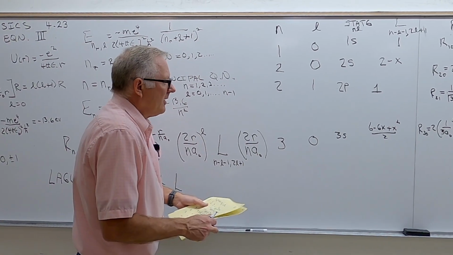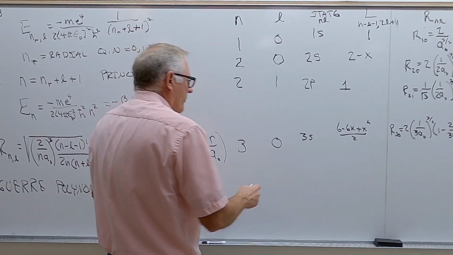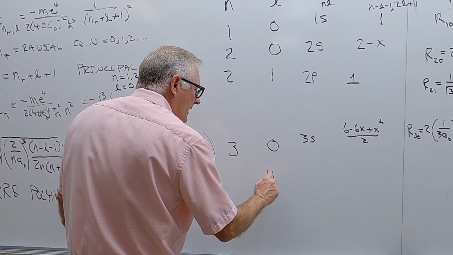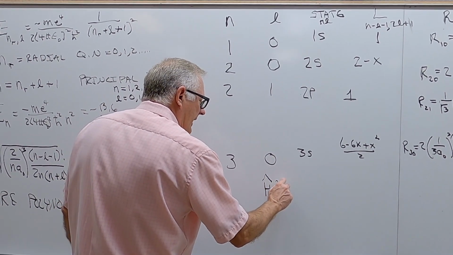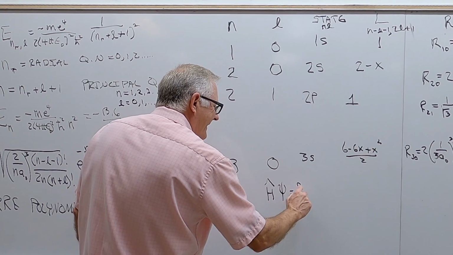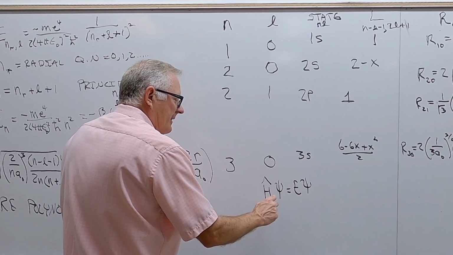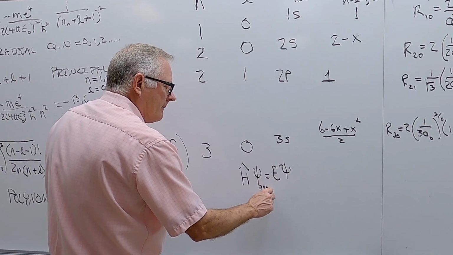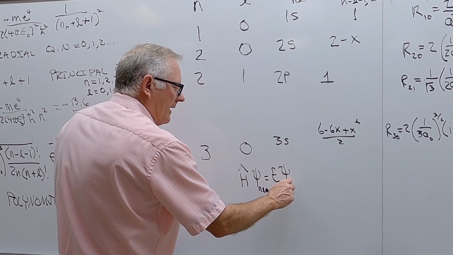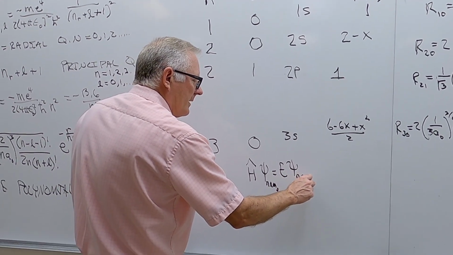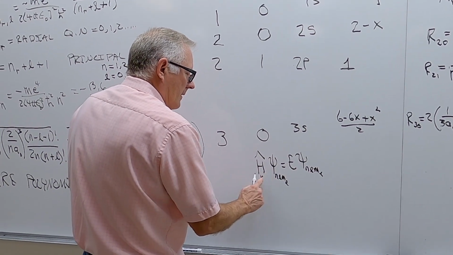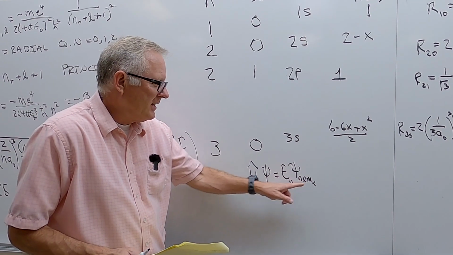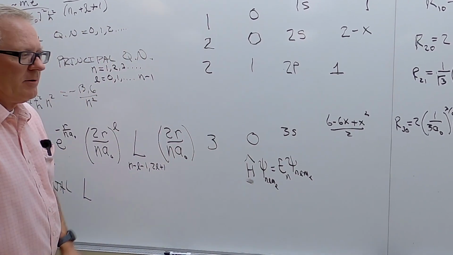Now, remember, what this equation is saying is when we do the energy operator on psi, we get our E times psi. And this psi is psi n l m sub L. Since we measure the energy, that gives us the principal quantum number n.